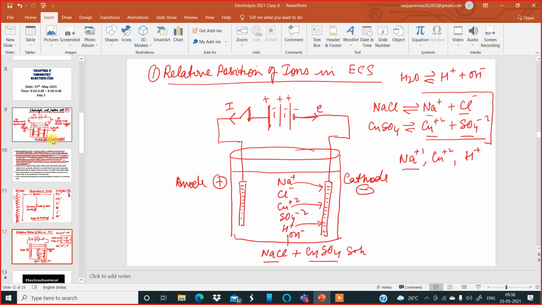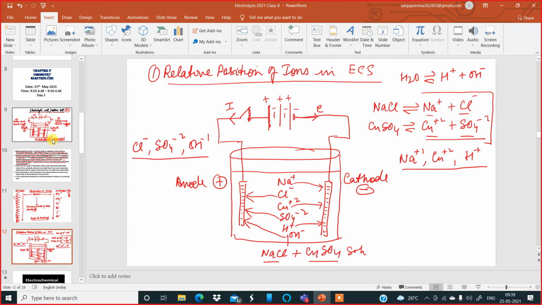Now all the anions, that is chloride ion, sulfate ion, and hydroxyl ion, will move to the anode. So I'm going to write them down. The ions moving to the anode are Cl minus, SO4 minus 2, and OH minus 1.